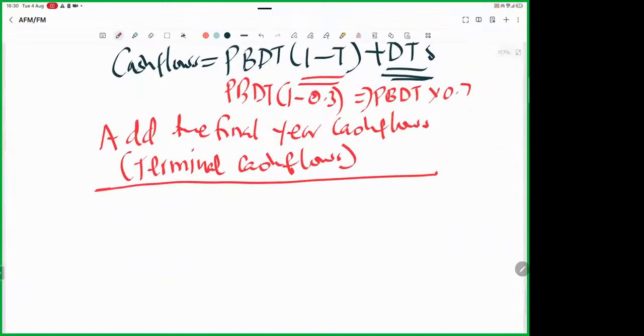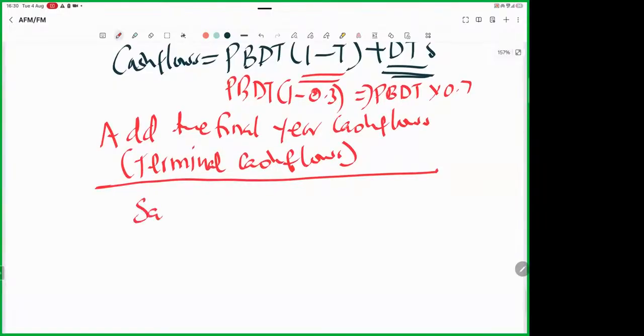So the first one there is the salvage value. Are you able to see the salvage value? Because moving forward, everything is about comparison.